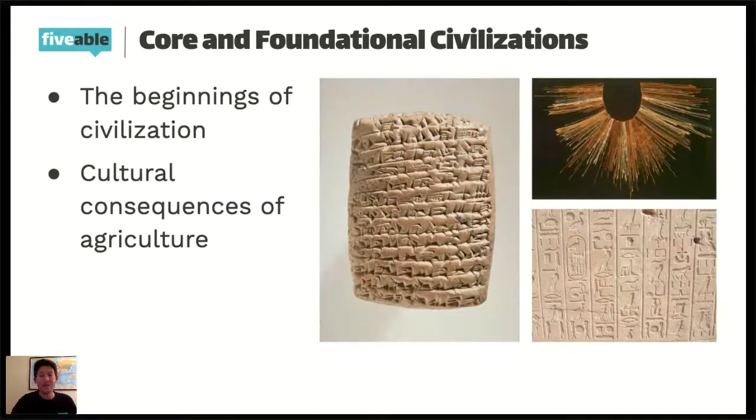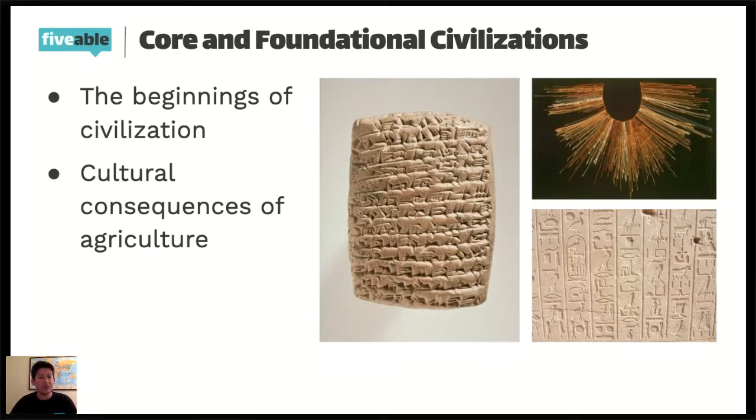Now, writing itself was developed as a consequence of needing to keep records of agricultural production and trade. So you might have people paying a certain amount of bushels of wheat for, let's say, pottery that was created by an artisan.